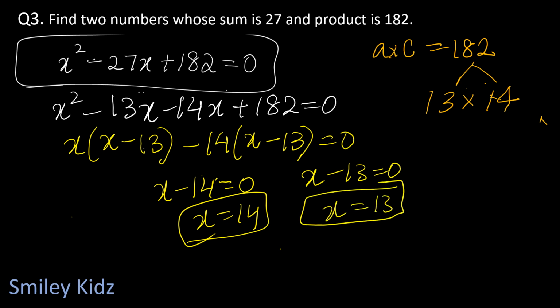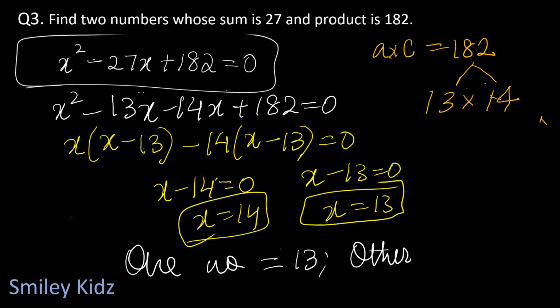Now we acquired two numbers, isn't it? Now let's say one number is 13. Then the other number would be 27 minus x, which is 27 minus 13, which is 14.